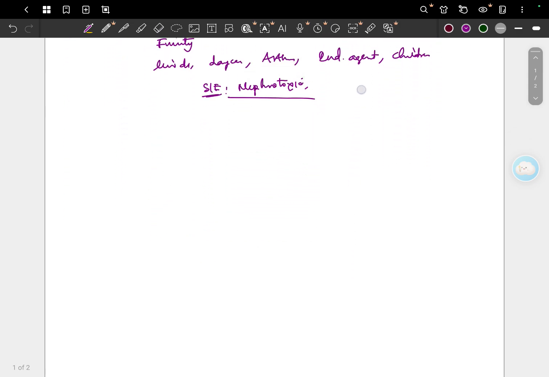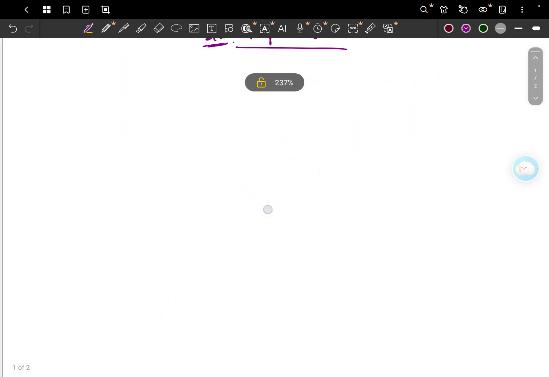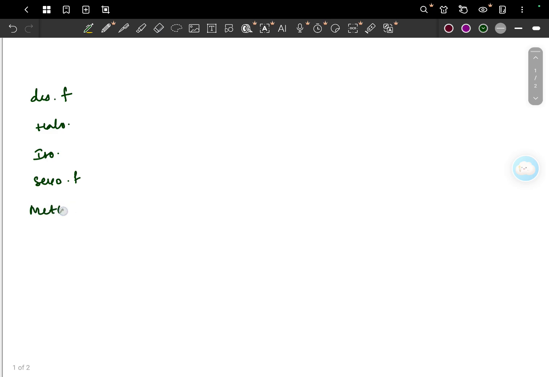Now we'll talk about their blood gas solubility and MAC. Starting in the same order, we have desflurane, halothane, then isoflurane, sevoflurane, and one more thing we are going to discuss here is methoxyflurane.